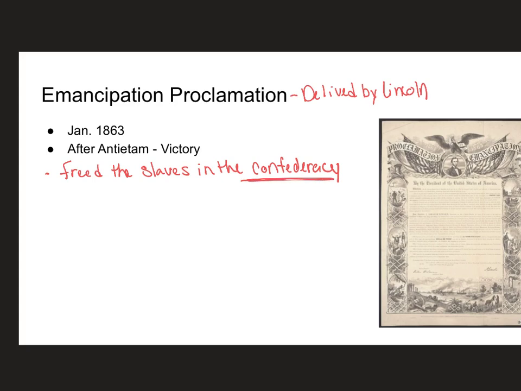Now, why was this important? Obviously because of freeing the slaves, but also it made the war about slavery.